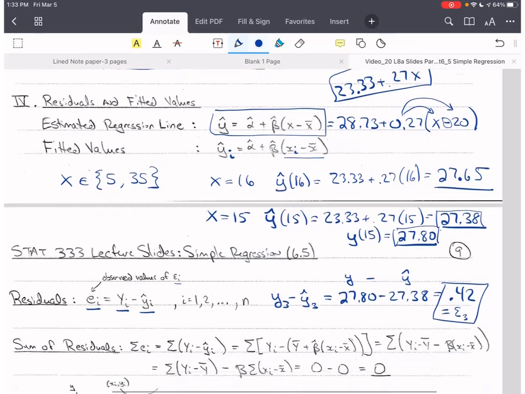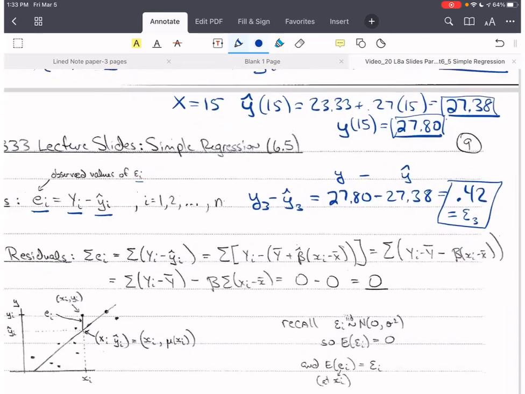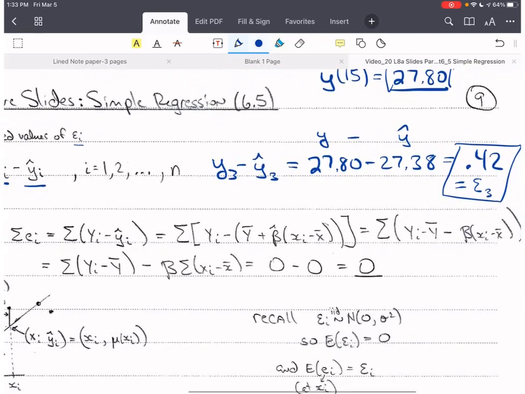Okay. Now, the sum of the residuals is the sum of yi minus yi hat. And so if I substitute in for yi hat, the equation that we use is y bar plus beta hat. See, this is alpha hat, right?